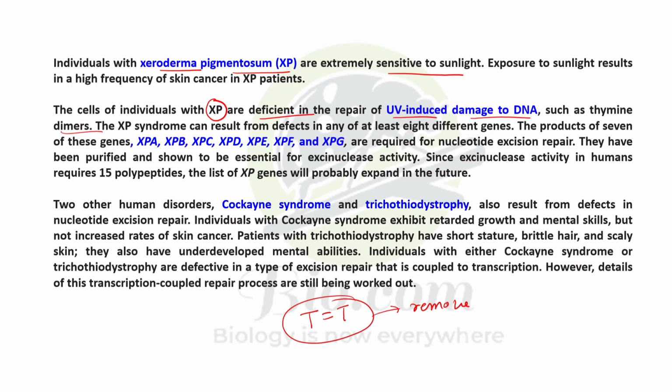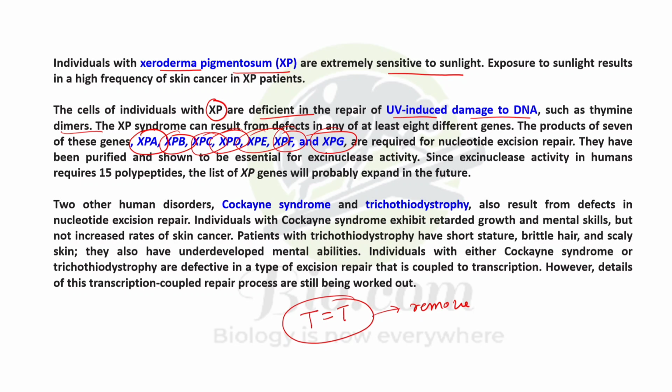they have no defense mechanism to remove it. So xeroderma pigmentosum affected individuals can have defects in any of at least 8 different genes. You can see XPA, XPB, C, D, E, F and G. Out of these 8 different genes, they can have a defect in any one of them.